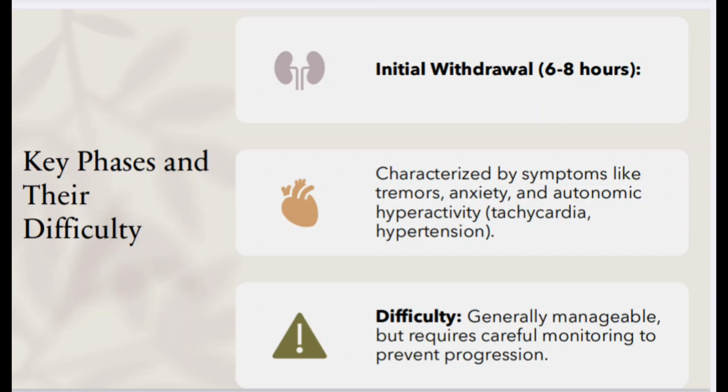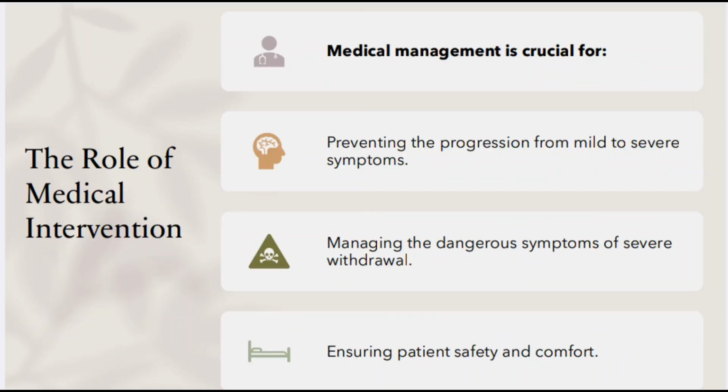At 6 to 12 hours after the last drink, the patient has headaches, trouble sleeping, anxiety, shaking, stomach pain and a fast heartbeat. Generally, this phase is manageable, but it requires careful monitoring to prevent progression. Medical management is crucial for preventing progression from mild to severe symptoms.